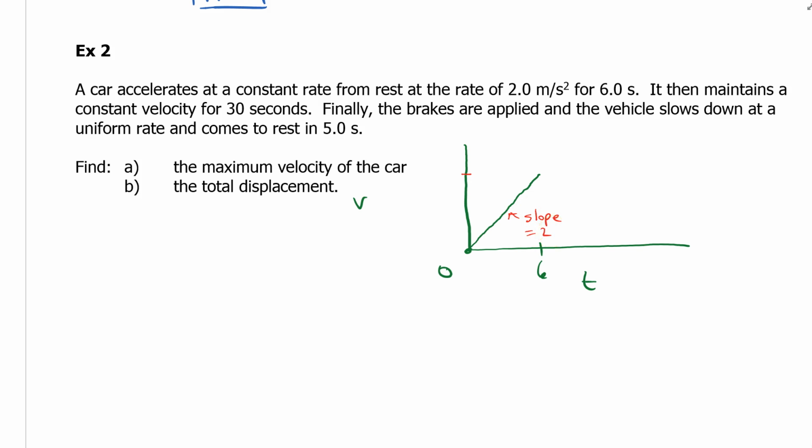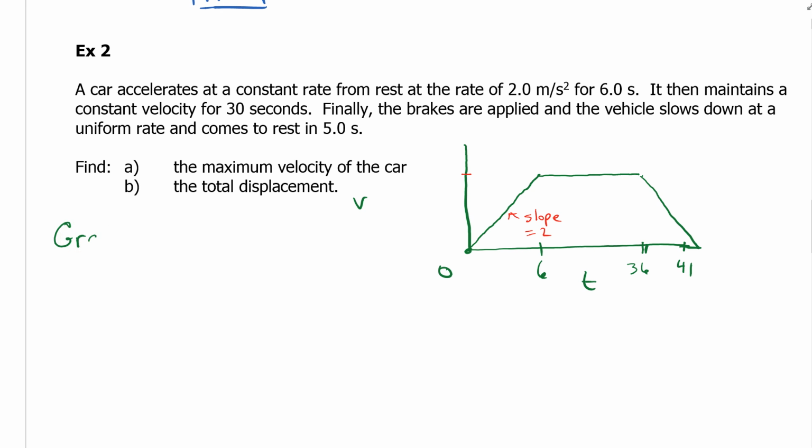And then it goes at a constant velocity for 30 seconds. So it seems to me then at this point it should be 6 plus 30 at the 36 second mark. Finally, the brakes are applied and the vehicle slows down at a uniform rate and comes to rest in 5 seconds. So I guess this would be at 41, and it comes down, well, okay, I missed it, but they're at 41.